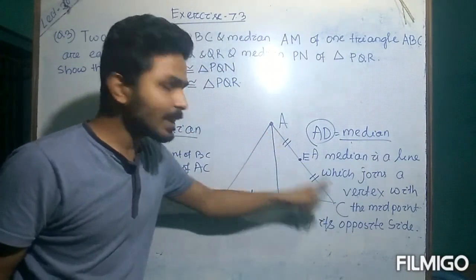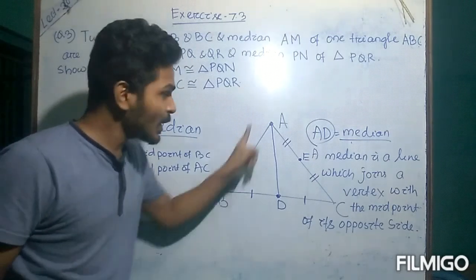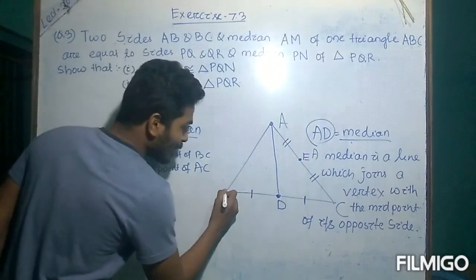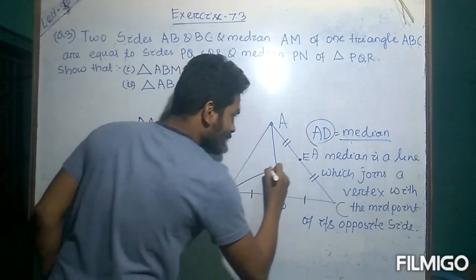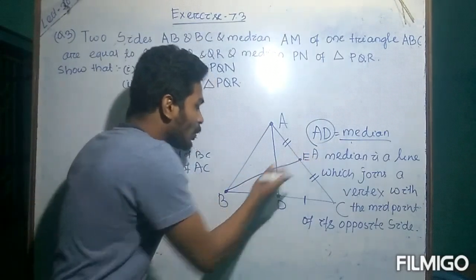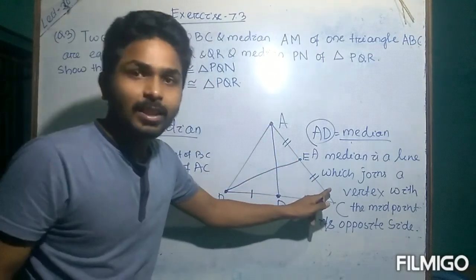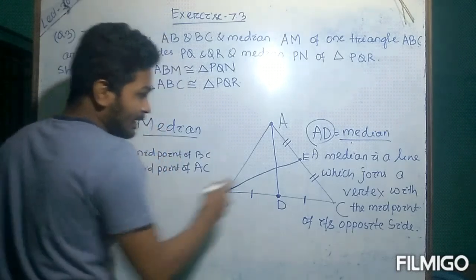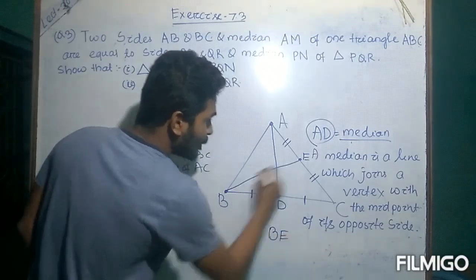B is the opposite vertex of the side AC. In order to find the median, we just join this vertex with this midpoint. A median is a line which joins a vertex to the midpoint of its opposite side. So here we have found that BE is another median.